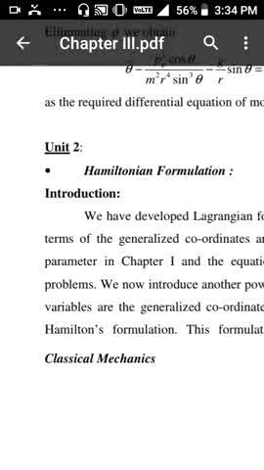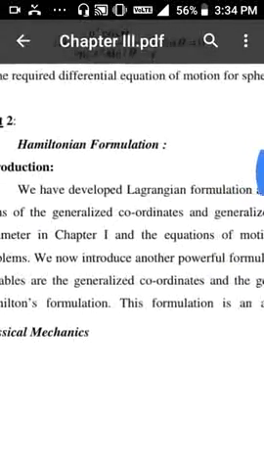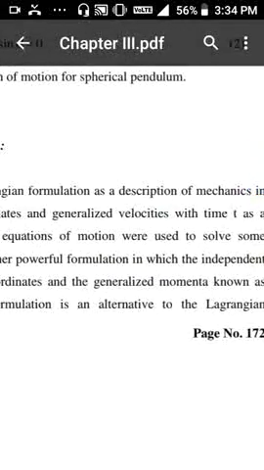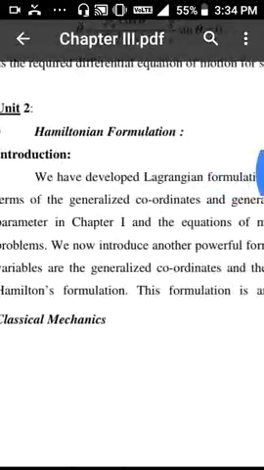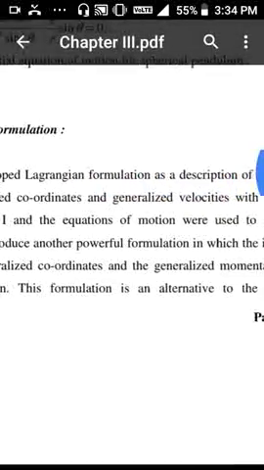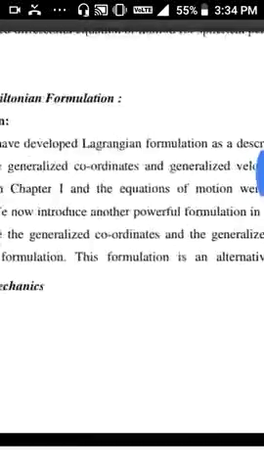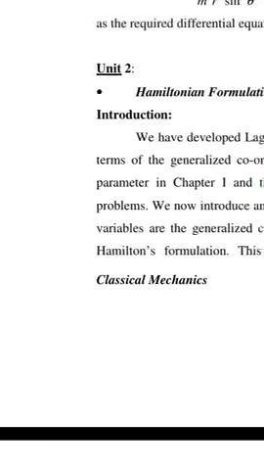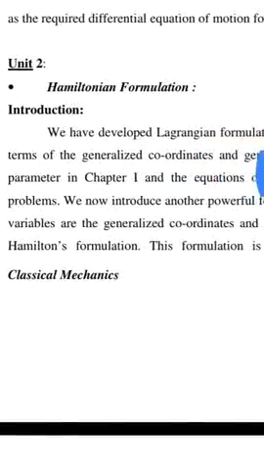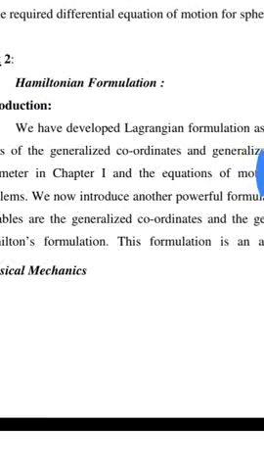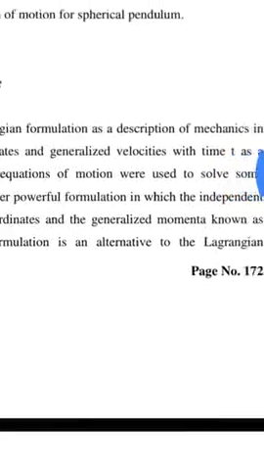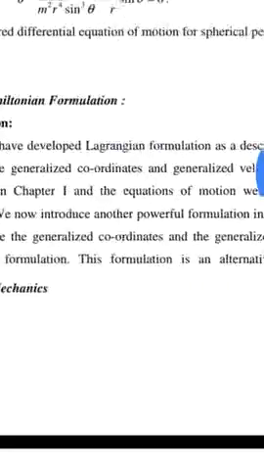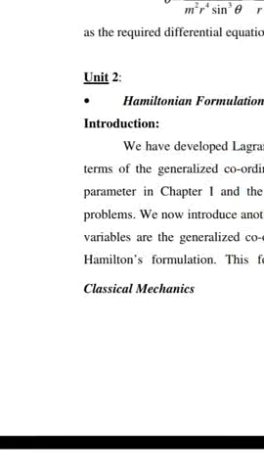Hamiltonian formulations. We have developed Lagrangian formulations as a description of mechanics in terms of the generalized coordinates and the generalized velocities with time t as a parameter, and the equations of motion were used to solve some problems.